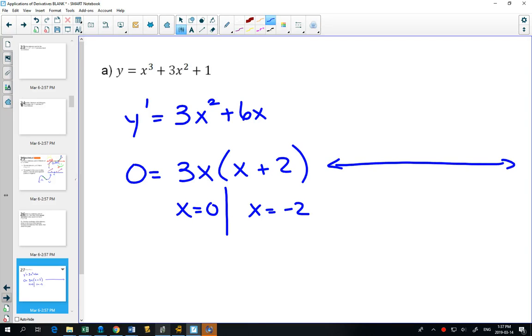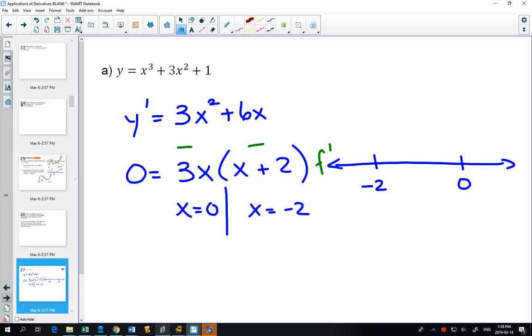Make my number line. And by plugging values into our derivative, we're going to find out whether it's increasing or decreasing or what's happening. So if I plug in a value less than negative 2, and again, I find this really helpful to plug things into your factored version. If I plug in negative 3, can you see that this is negative? And this factor, negative 3 plus 2, is negative.